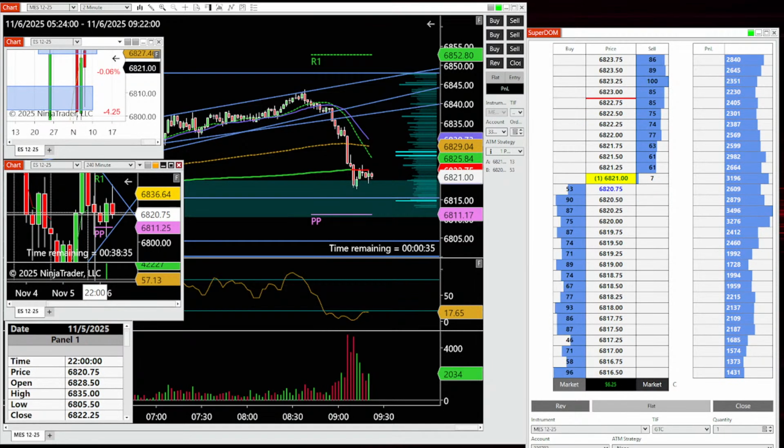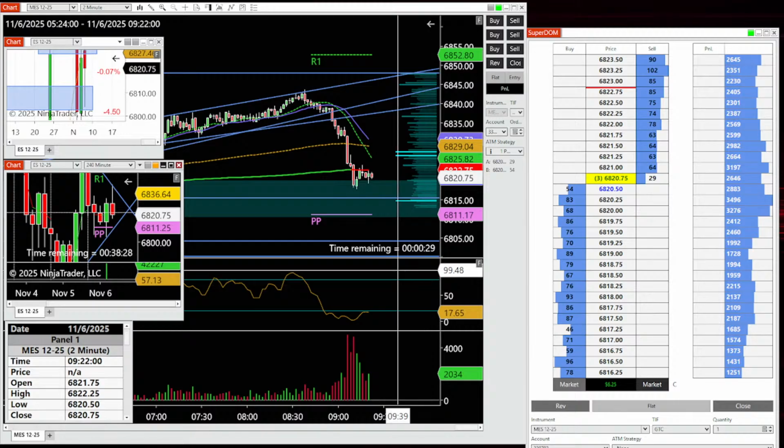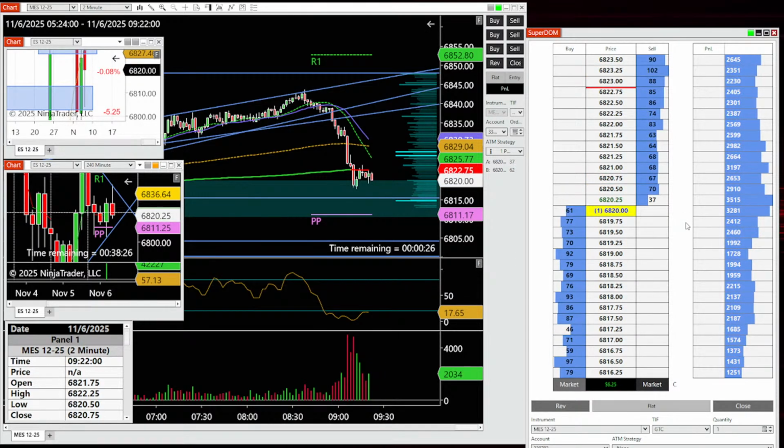That's where the market seems like it likes to come back to, this 22, 20 area. Right now around 20 is the point of control.